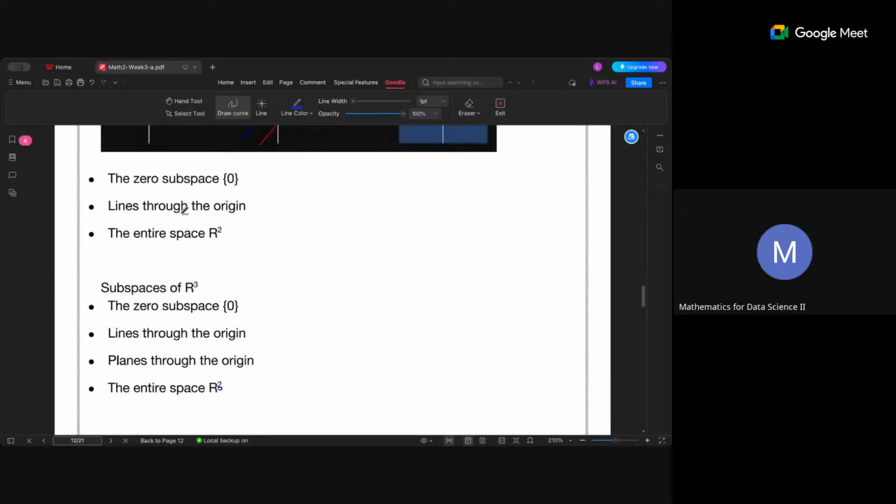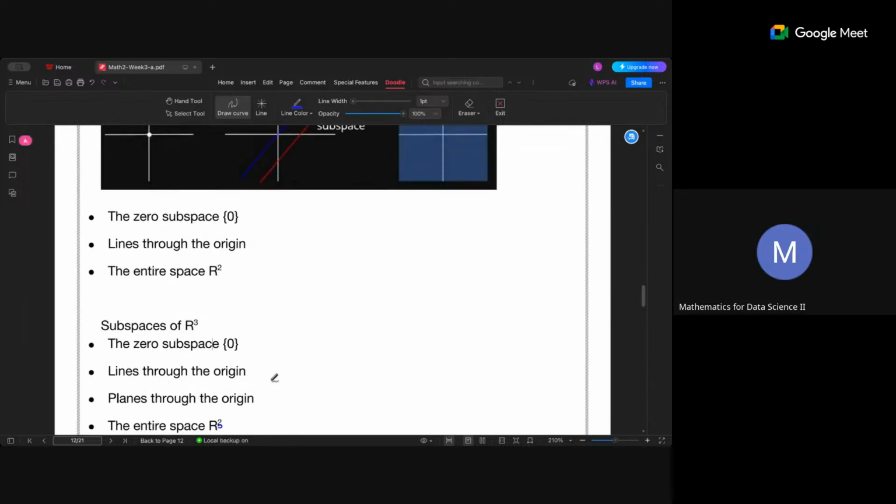Linear means something like a line or a plane without any curves. That is what a linear structure is. So the subspaces here are the linear structures inside the set. It is either a line or a plane.